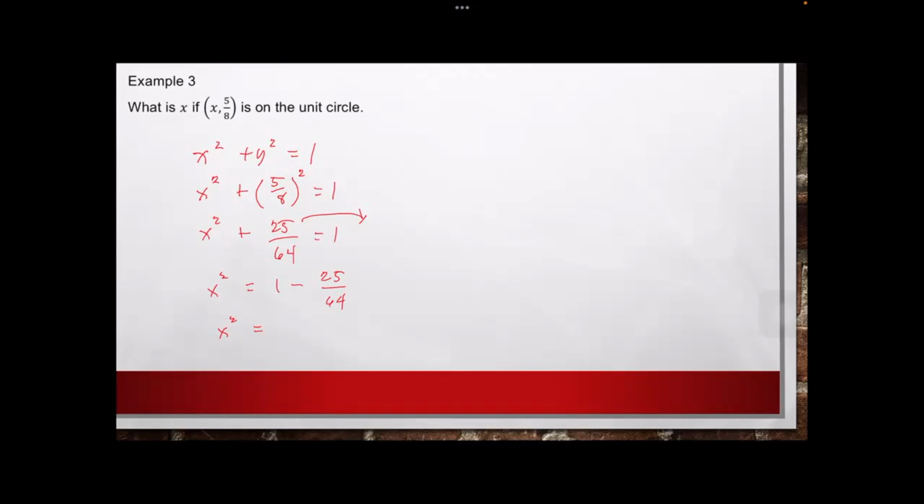It is 39 over 64. So x squared is equal to 39 over 64.